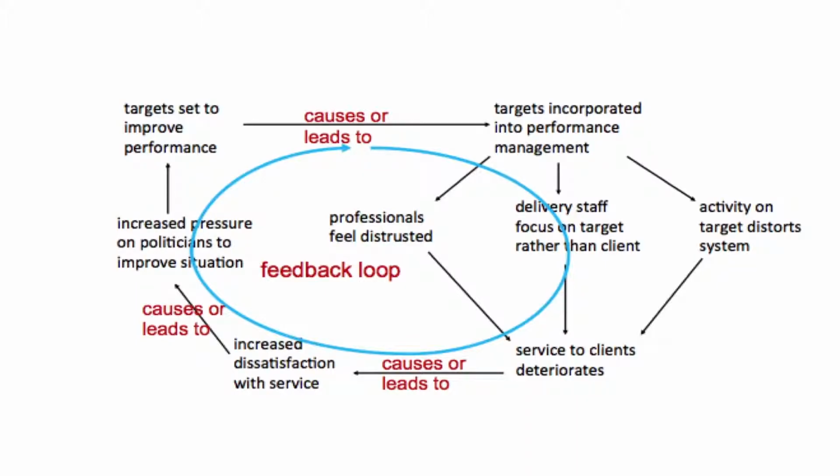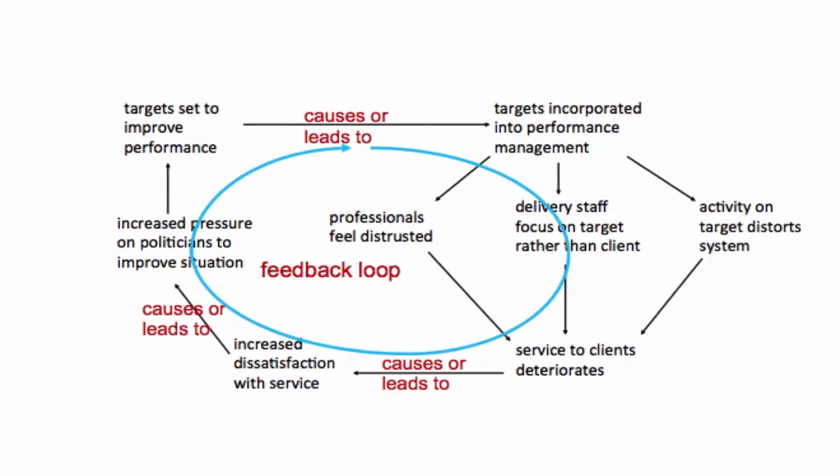And when the service to clients or patients deteriorates, then there's increased dissatisfaction with the service, and when there's increased dissatisfaction with the service, there's increased pressure on politicians to improve the situation, and then targets are set to improve performance. And so what you end up with is a bit of a feedback loop going on through the system.